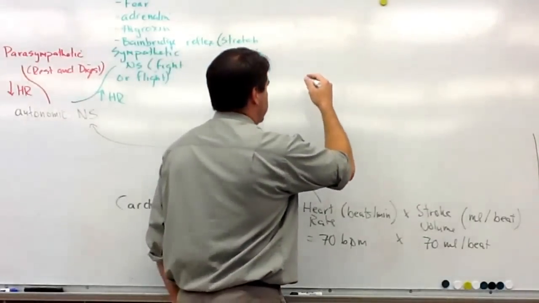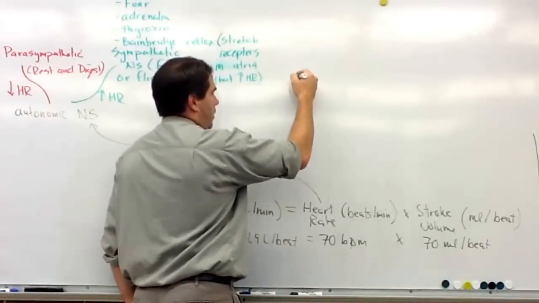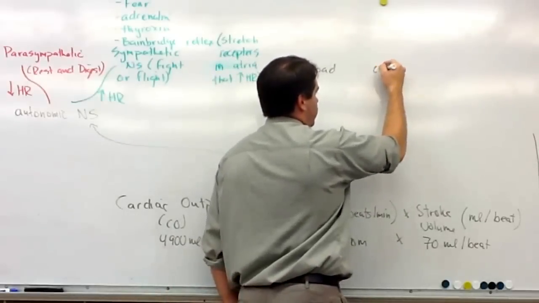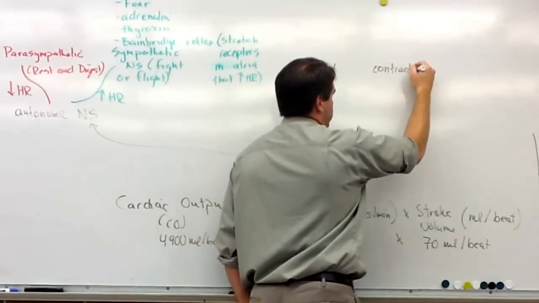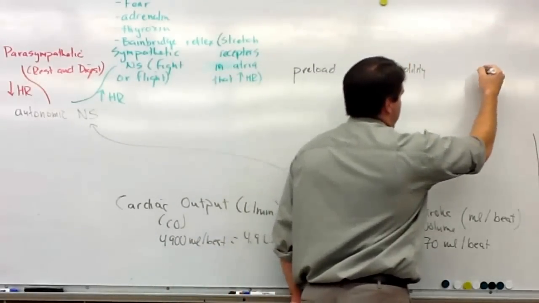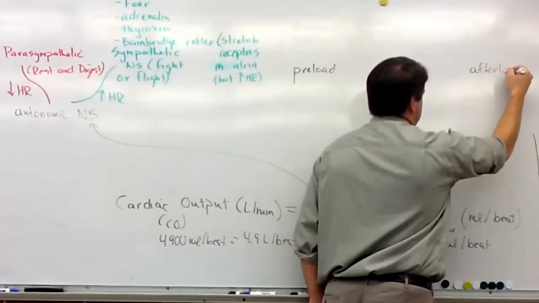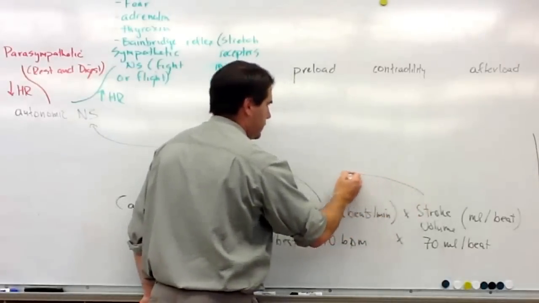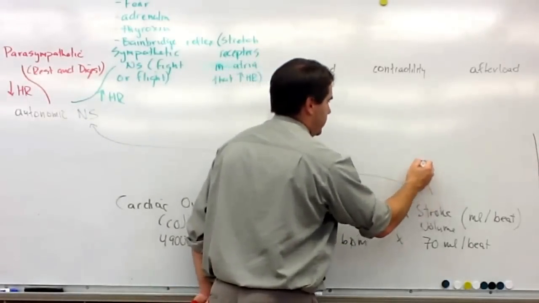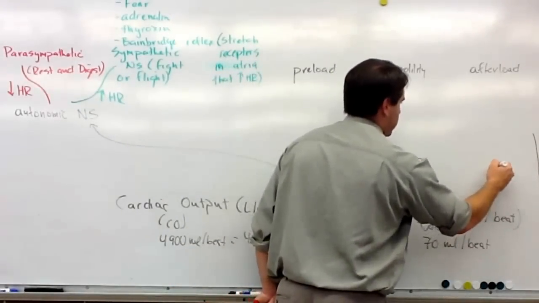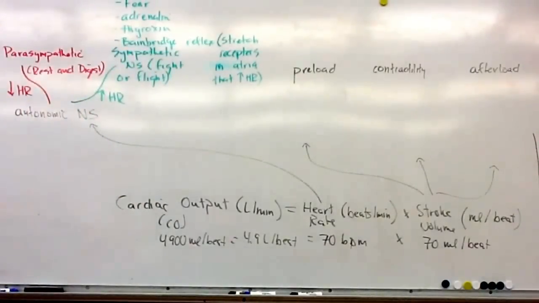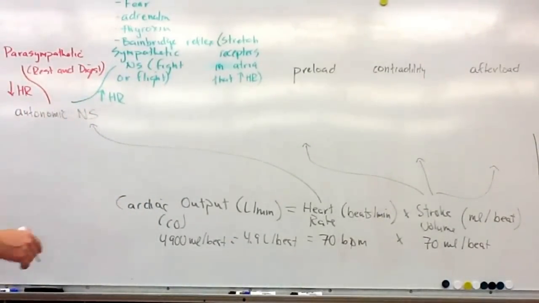The more challenging ones over here are preload, contractility, and afterload. We're going to write underneath these, so when I draw my arrows, I'm going to kind of leave some space. And this will seem kind of complex until you get where I'm going with this.